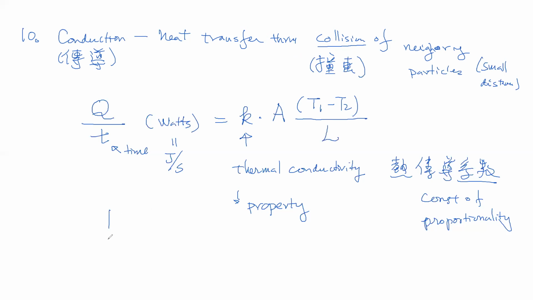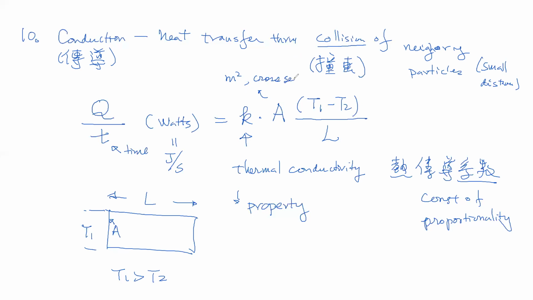So let's say you have a material, and on this side you have a temperature, say T1, and T1 is larger than T2. This distance here is L, and this cross-section here is A, which is in meter squared.